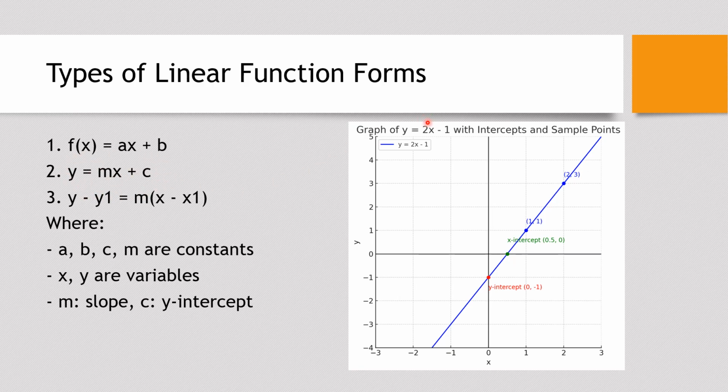So here we can write the letters based on their correspondence. We can have m to be the same as 2, the x is still x here, and the c to be -1. And we are saying that c is representing the y-intercept. So when you look at this particular line segment, you will see the y-intercept at this section here. At this point, x will be 0 and y will be -1.